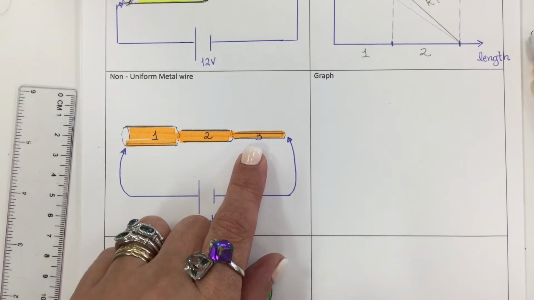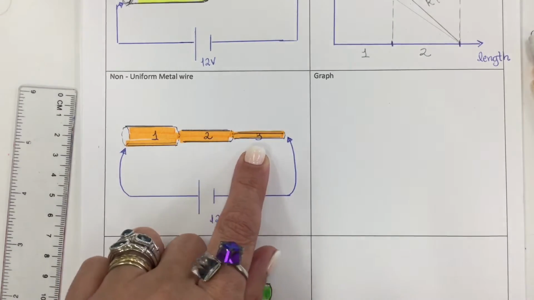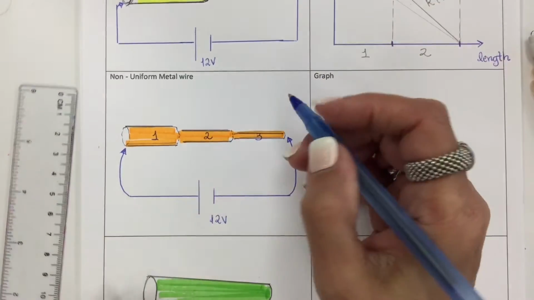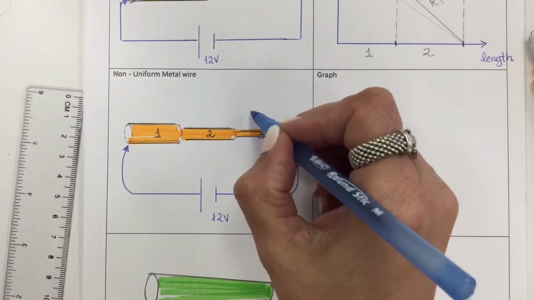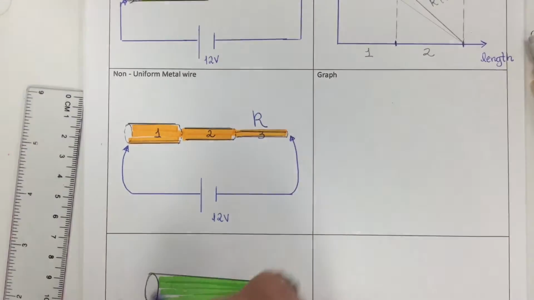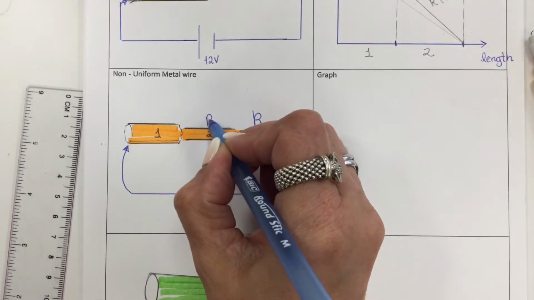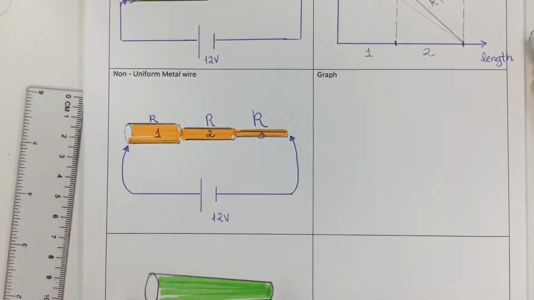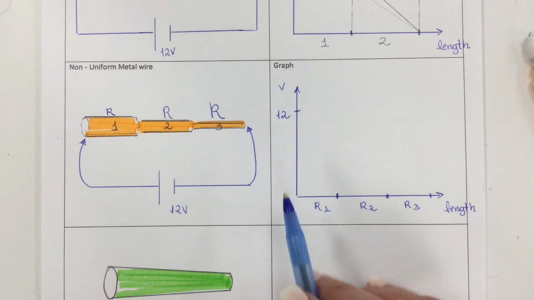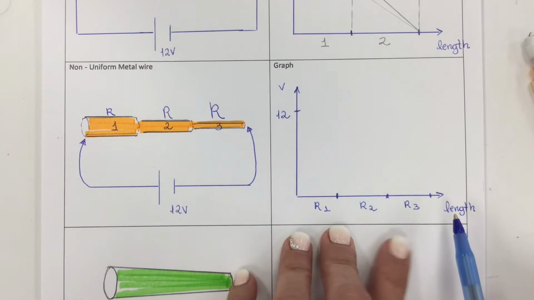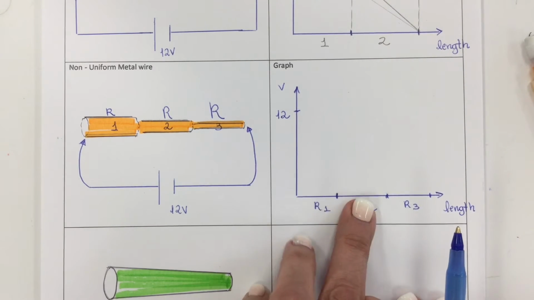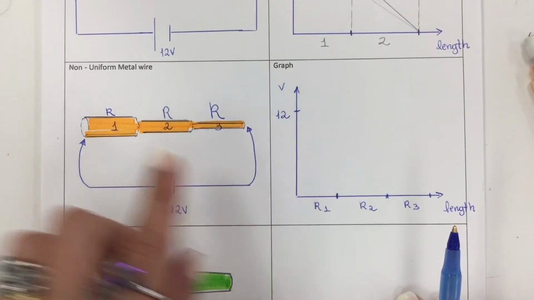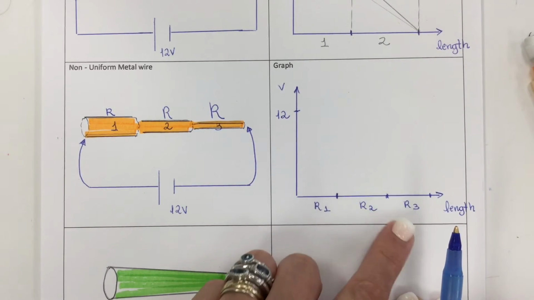The segment 3 of this wire is the smallest one, the small cross-sectional area, so that will be my larger R, followed by this one, and then a very little one here in comparison. So now I'm going to represent on the length 3 equal segments with the resistance, in this case, R1, R2, and R3.